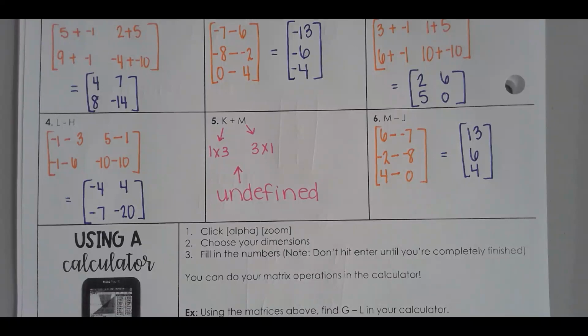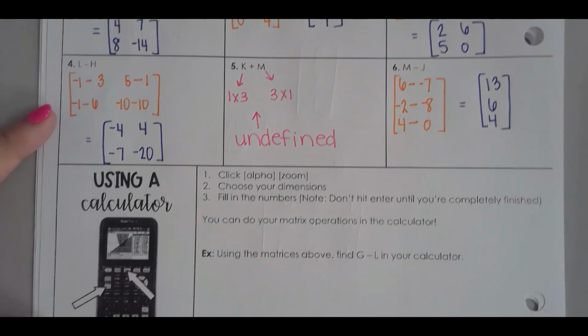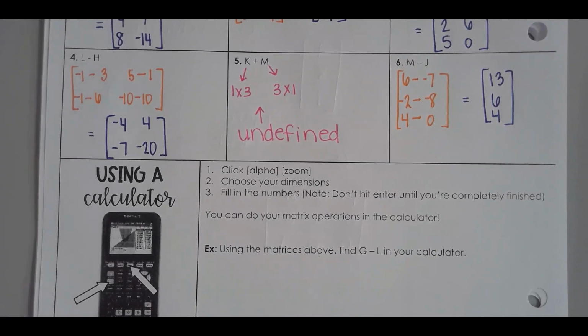Now, this last section, I've showed you how to type these matrices in the calculator. For adding and subtracting, it's actually probably quicker just to do the math in your head.